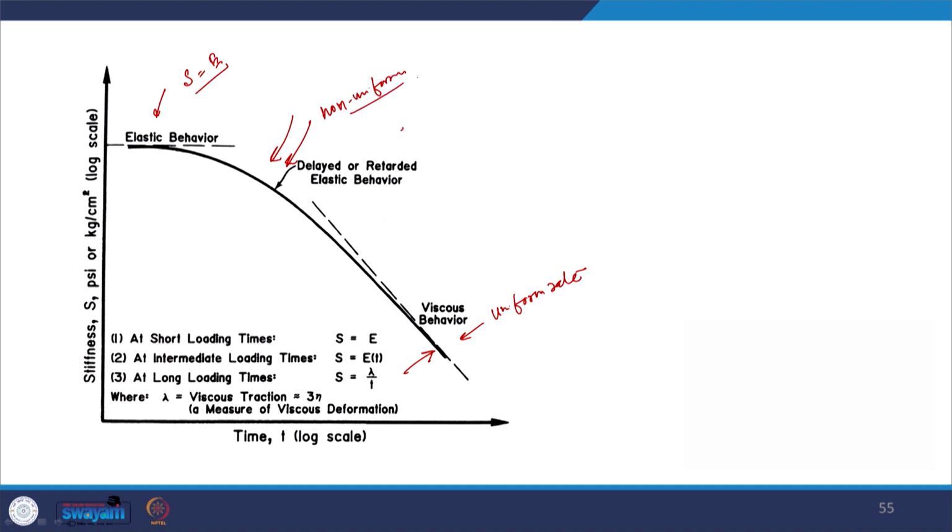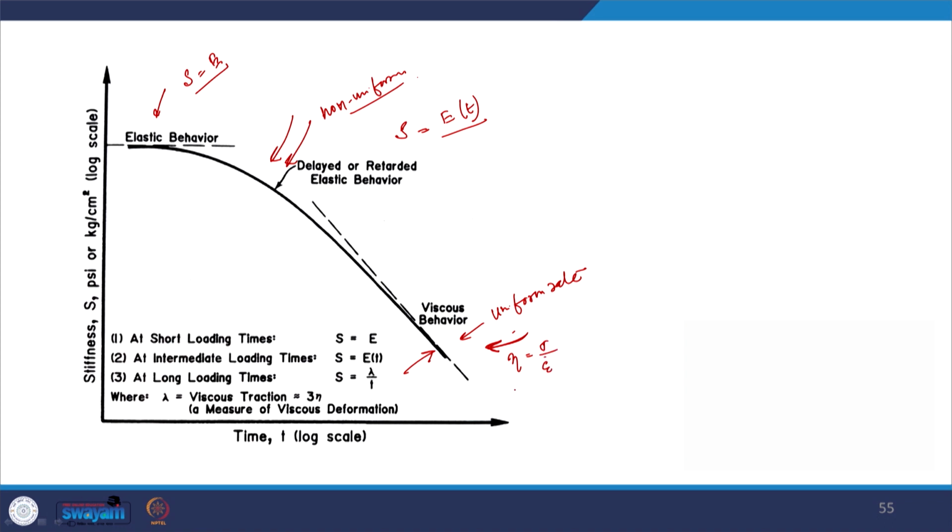So, you can say that the stiffness here is a function of time, and let us try to find out the stiffness in some form, and understand what happens here. Since the response is more viscous in nature, we can write that viscosity is stress upon shear rate.